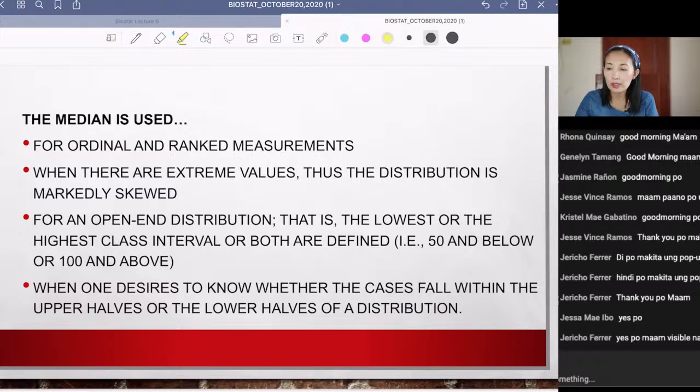Now, what are the uses of the median? We use the median for ordinal and ranked measurements. A while ago, what did we say about mean? We use mean for interval and ratio measurements.